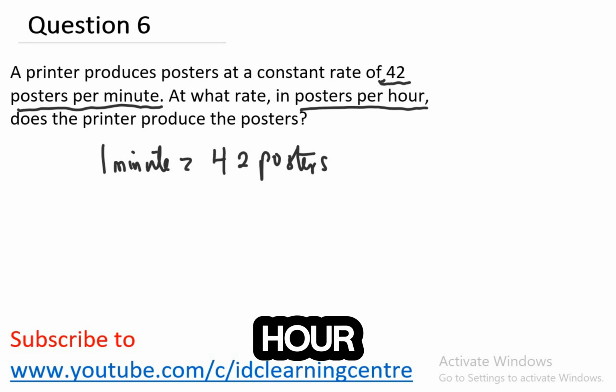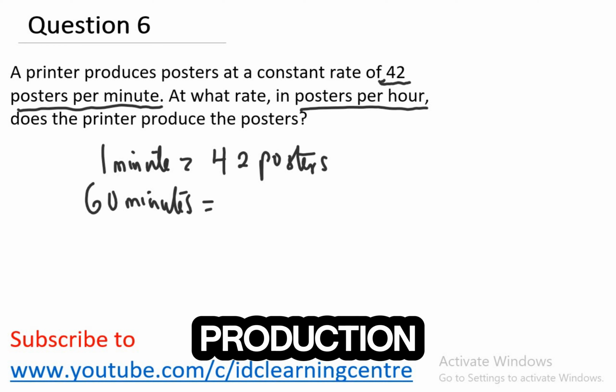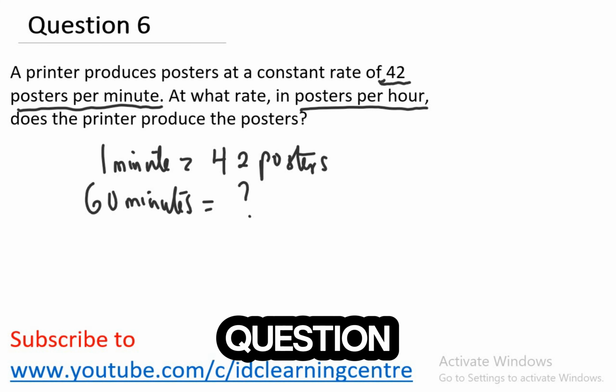Now for an hour, the first thing we do is we convert the hour to the number of minutes. So how many minutes do we have in an hour? That's 60 minutes. So for 60 minutes, how many posters are we going to get for the production? So we put our question mark here.